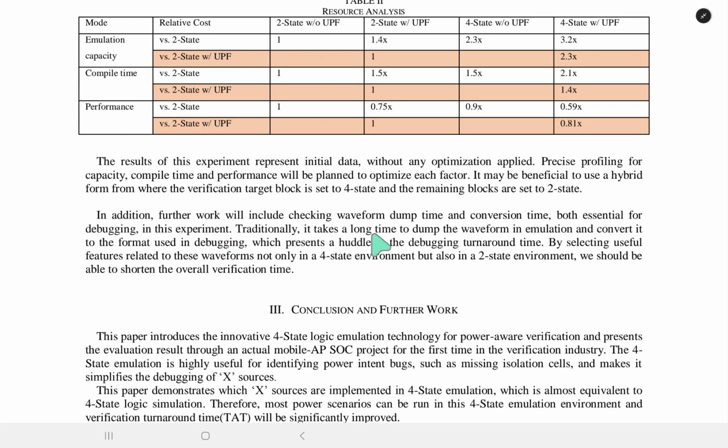Traditionally, it takes a long time to dump the waveform in emulation and convert it into the format used in debugging, which presents a hurdle in debugging turnaround time. By selecting useful features related to this waveform, not only in a 4-state environment but also in a 2-state environment, we should be able to shorten the overall verification time.